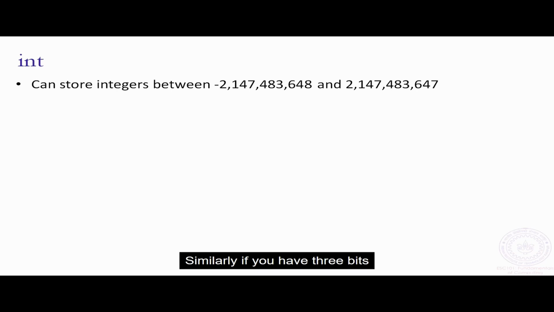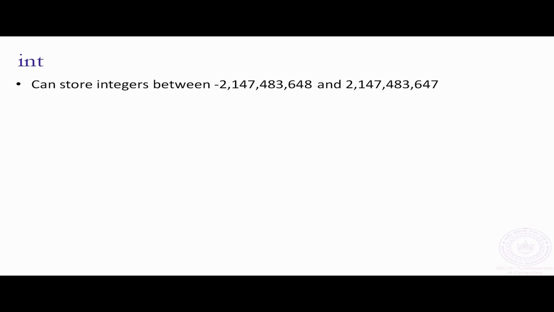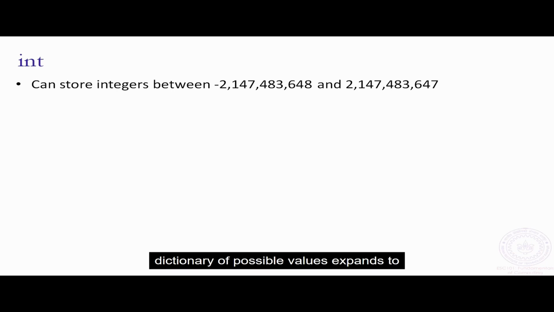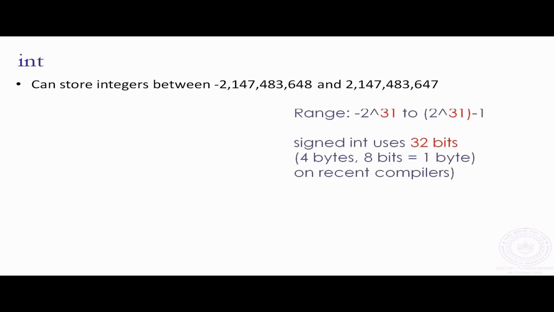Similarly, if you have 3 bits available, your dictionary of possible values expands to 8, 2 to the power 3. So in general, if you have k bits of space available, you can represent at most 2 to the power k values in those k bits of space.